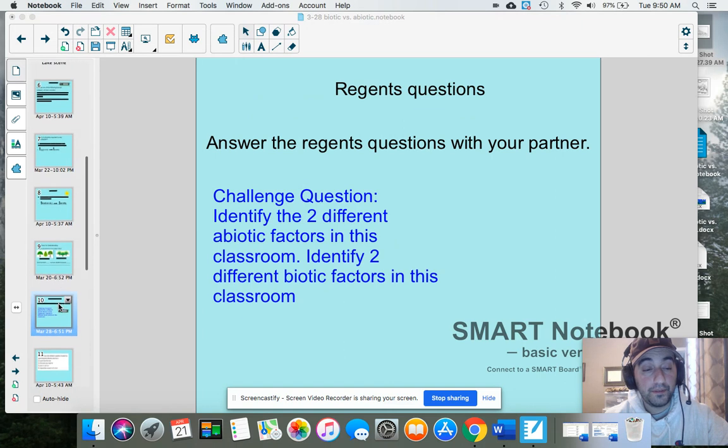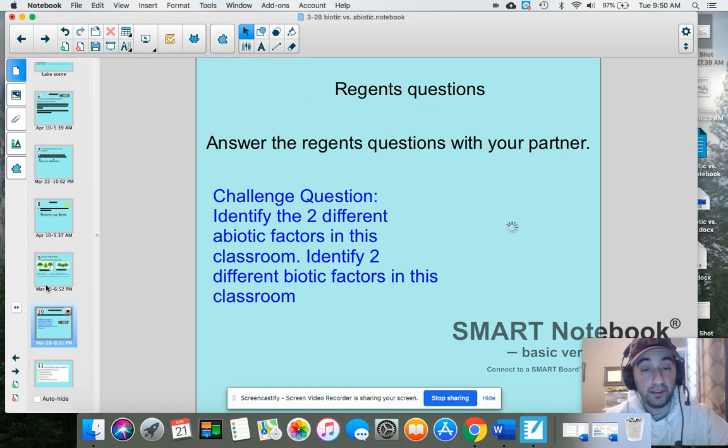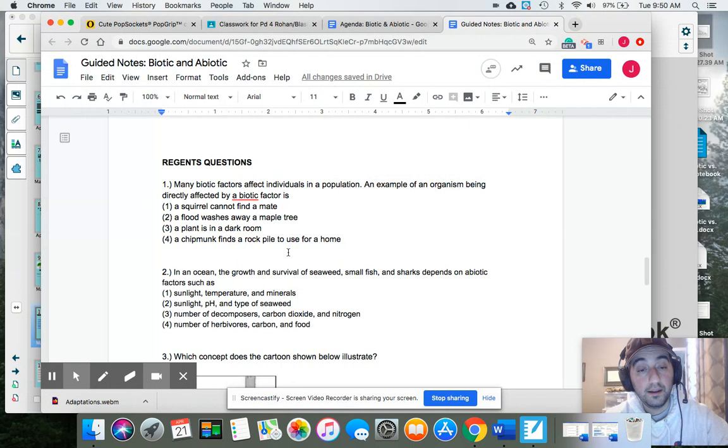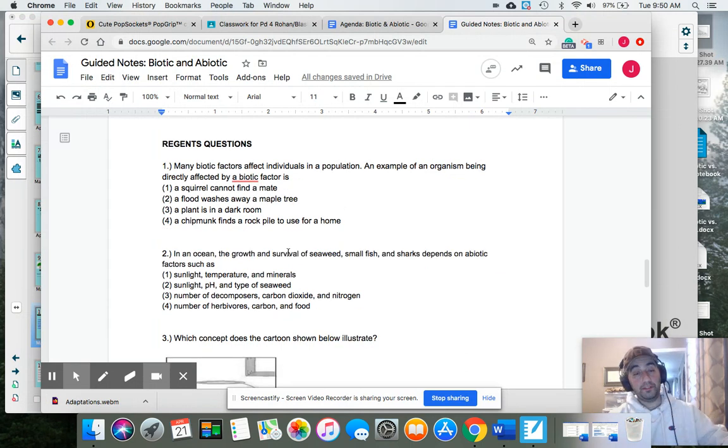All right, so once you completed that check for understanding, you have a series of region questions that you will answer in your guided notes. Once again, with multiple choice, whichever region question you select as the answer, you're going to put that in bold.